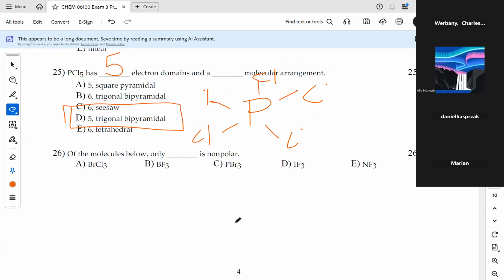So which of these is nonpolar? All right, so I'm looking for a molecule that does not have a lone pair on my central atom. If I did all of these Lewis dot structures, actually all 4 here would require a lone pair on the central atom because we only have 3 bonding groups.